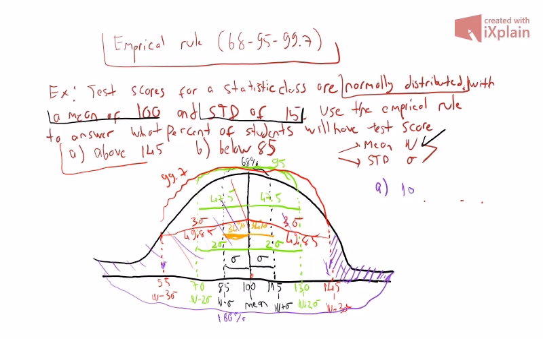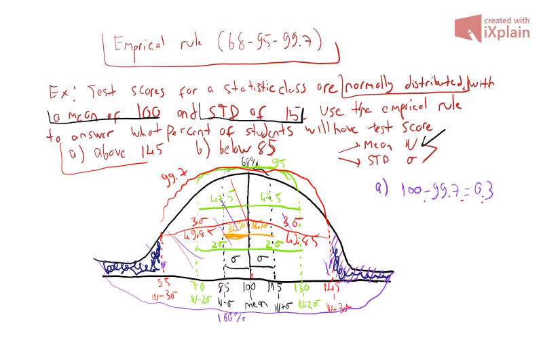So let's subtract: 100 minus 99.7% is 0.3%, which means these two tails are 0.3%.